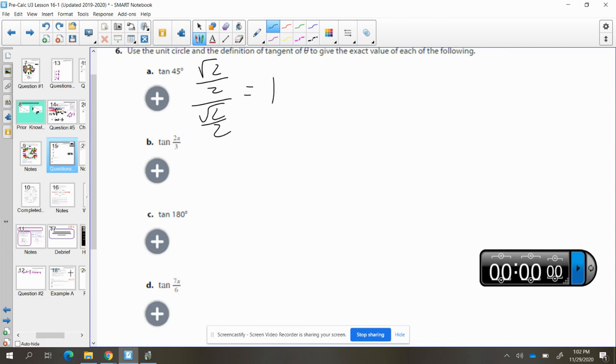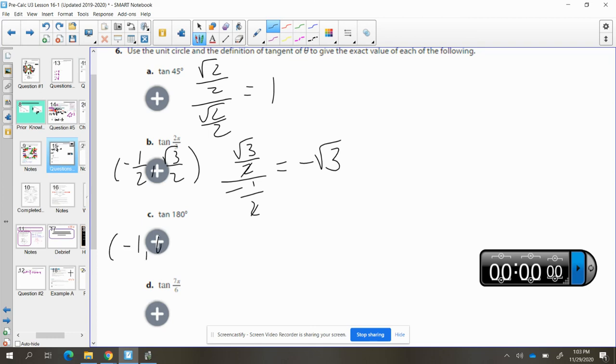At 2 pi over 3, we are at negative 1/2, square root of 3 over 2. So y value over x value, these cancel, we're left with negative square root of 3. Tangent of 180, you're at negative 1 comma 0. So 0 divided by negative 1, y over x, is 0.